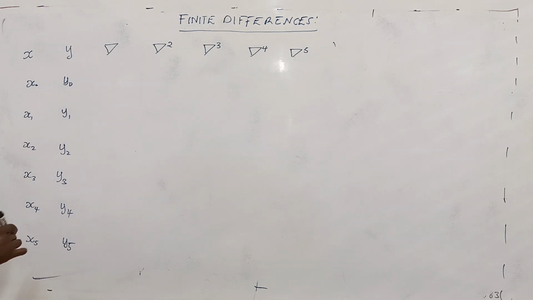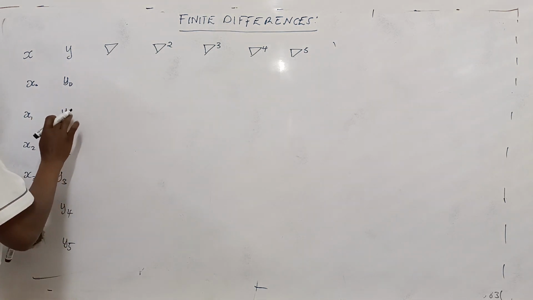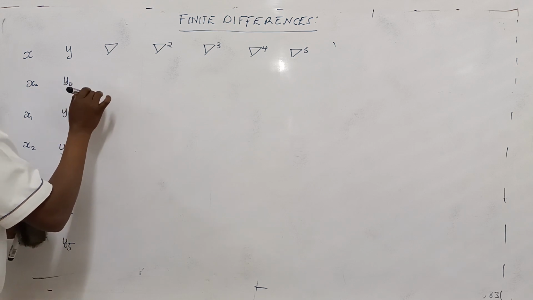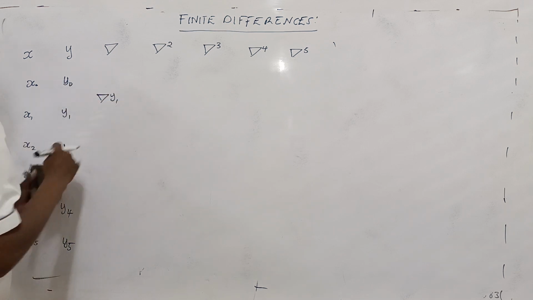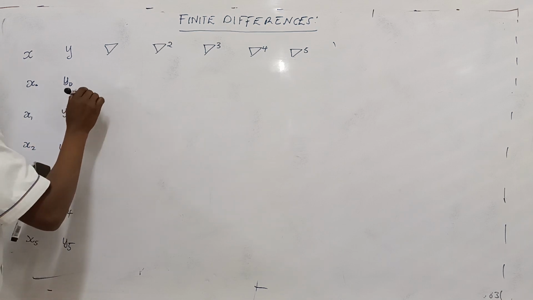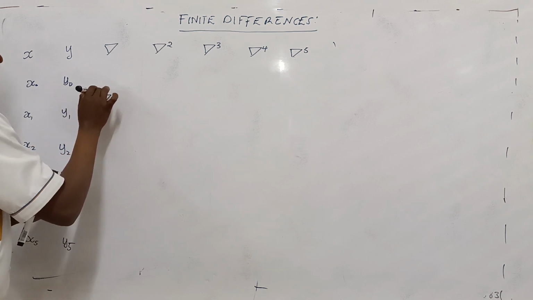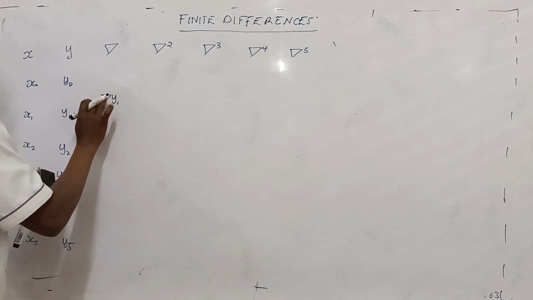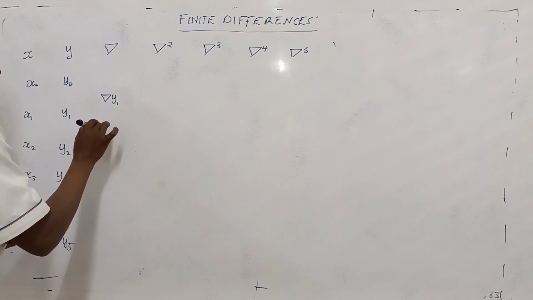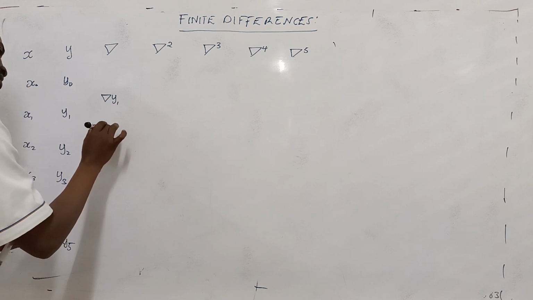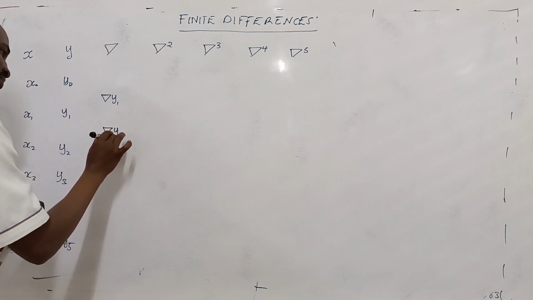So y1 minus y0 is the first backward difference of y1. Then y2 minus y1 is the first backward difference of y2.